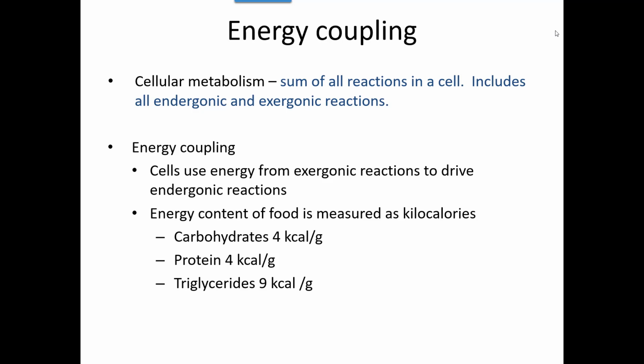And so we can couple it to an exergonic reaction, one that's giving off energy. So we can use the energy that's given off in an exergonic reaction to power an endergonic reaction because it needs that energy. So we constantly have reactions that are giving off energy, and we're just going to couple it with a reaction that needs that energy. It's a wonderful way and an efficient way to make sure that these reactions are all going to happen.